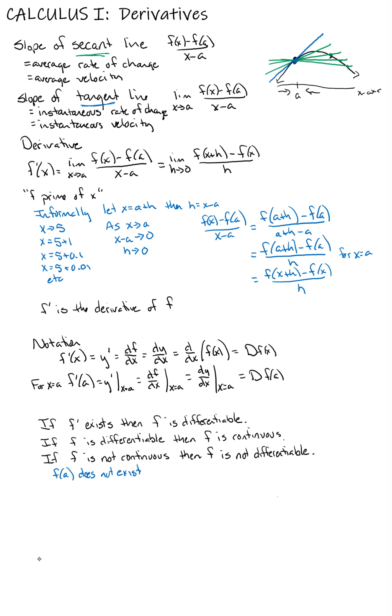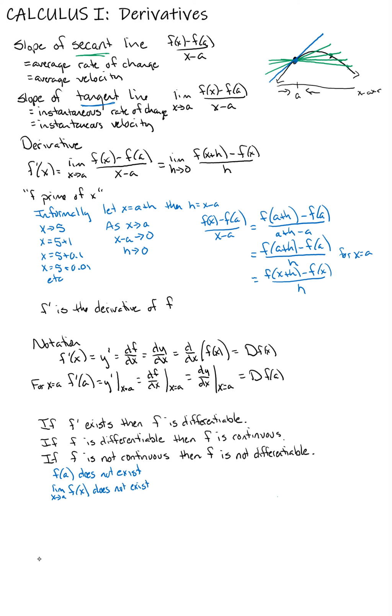For continuity, I needed f of a to exist, and so if it's not continuous, that means this does not exist. Also, for continuity, the limit at a, as x approaches a, had to exist, but if I'm looking at not having continuity, then the limit as x approaches a, again, does not exist.